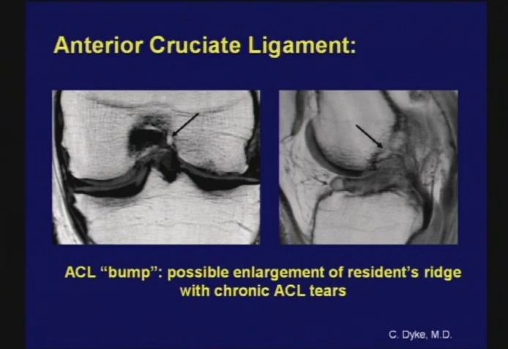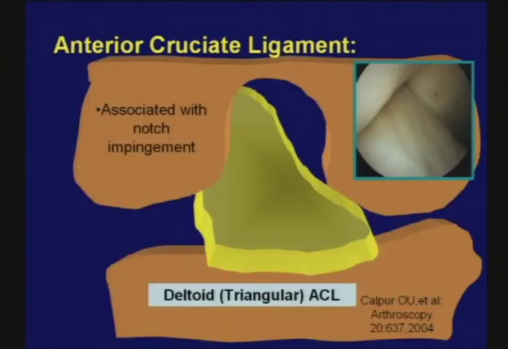So this may be another example of an enthesophyte developing when you've had an injury to the anterior cruciate ligament. It's something to look for. Again, I don't know the value of this yet, and it may be a degenerative phenomenon, but I have seen a few cases where indeed this is the case.